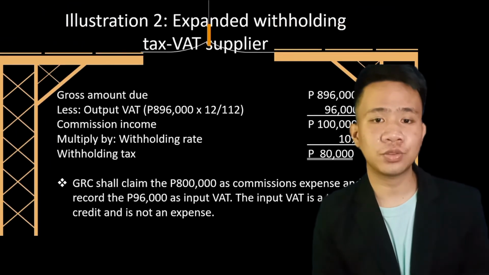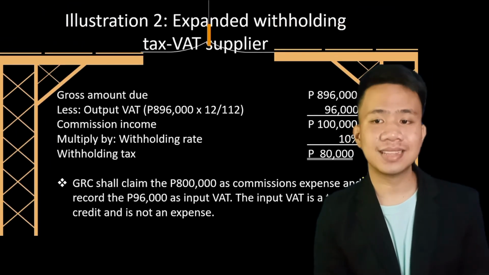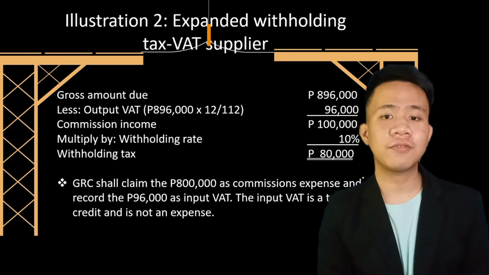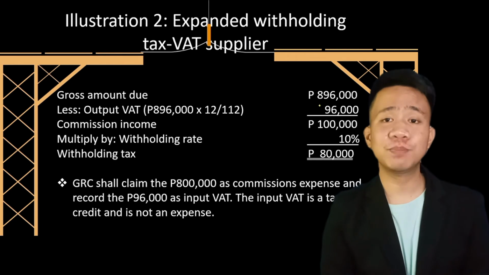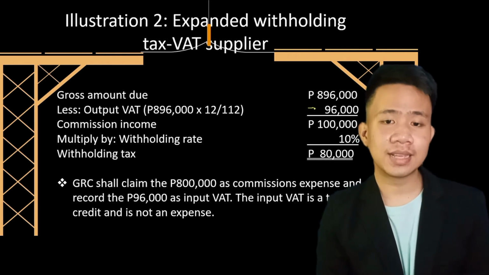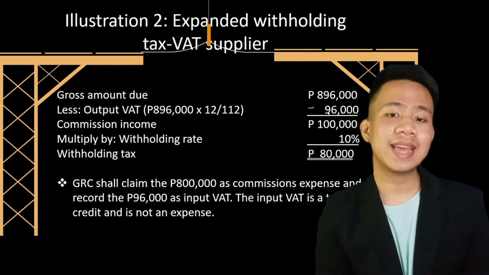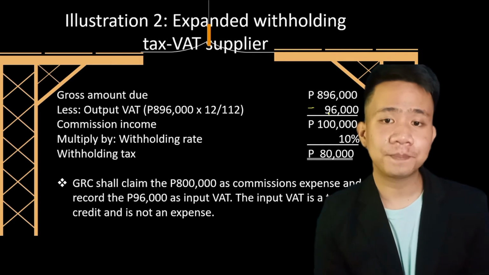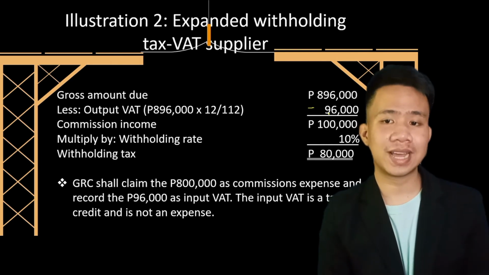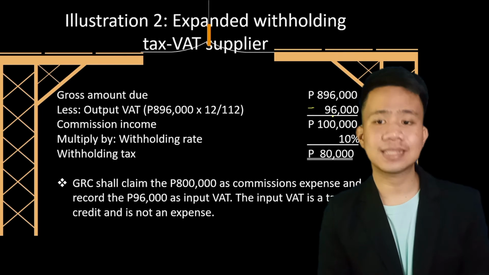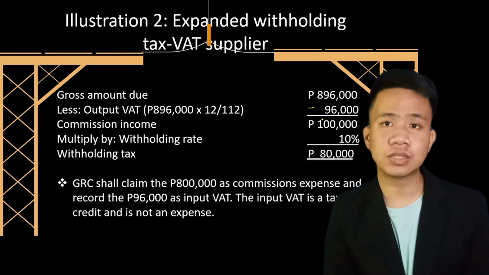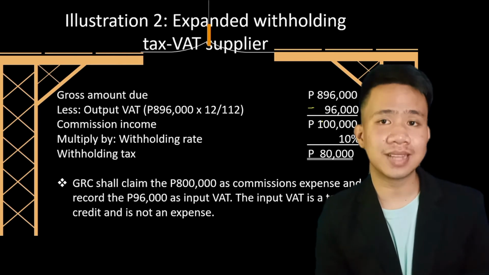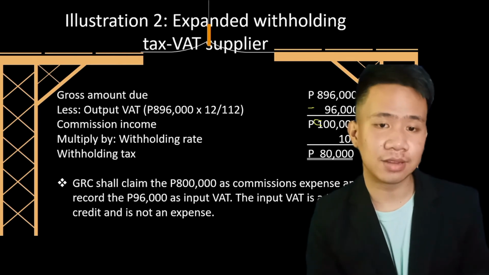So the gross amount due, wherein the commission of GRC is 896,000, and we are going to less the output VAT, which is computed as 896,000 times 12 over 112. So that is 96,000. So the commission income now is 800,000 because we deducted the 96,000 from the 896,000.